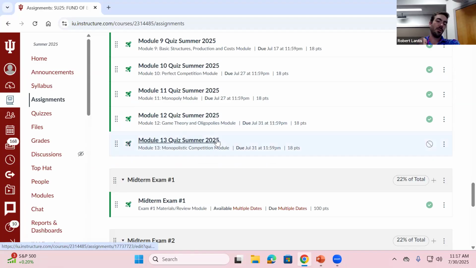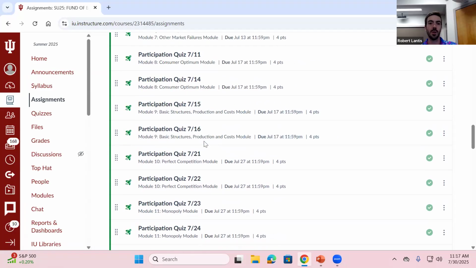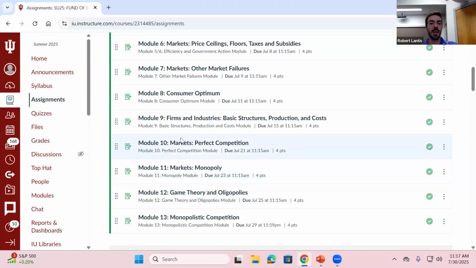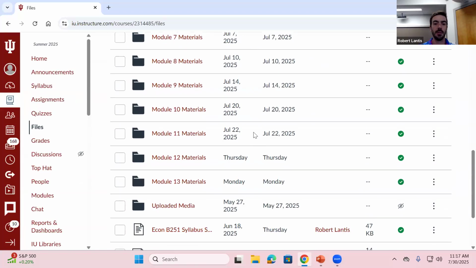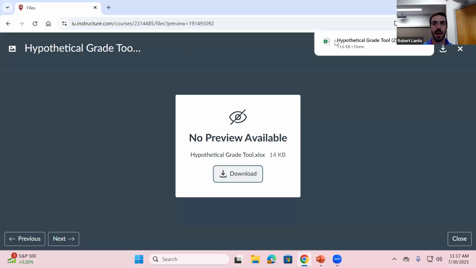Once those due dates are passed and you've completed everything, Canvas should be giving you an accurate idea of what your grade is in each of those categories with the lowest dropped: 2 lowest quizzes, 4 lowest participation quizzes, and your lowest module reading. You can use that to figure out your grade if you really wanted to at this point.